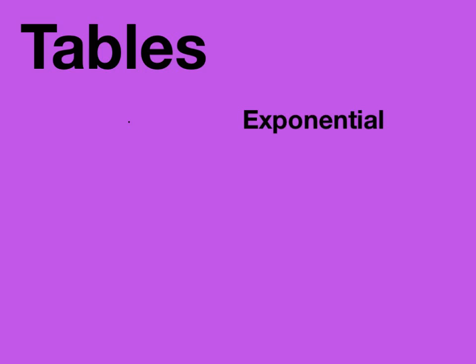So here, our delta, our rate of change, is a multiply by 2, and we call this a common ratio. You'll hear us refer to this as a common ratio more than rate of change for this unit.